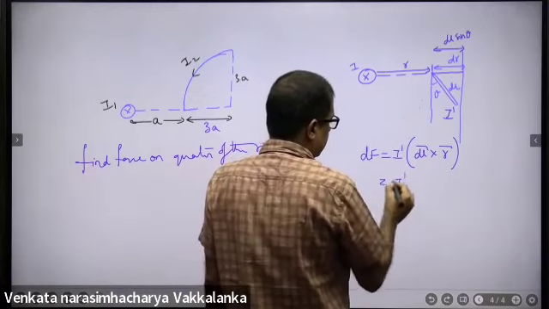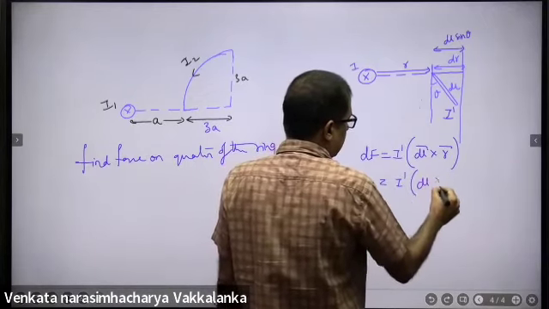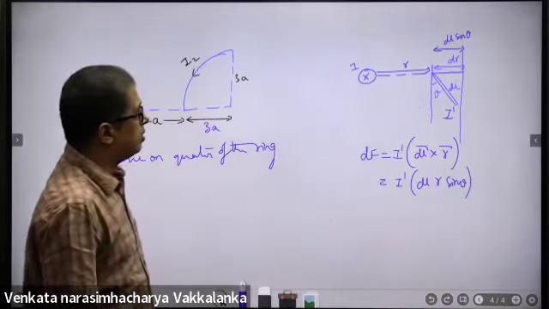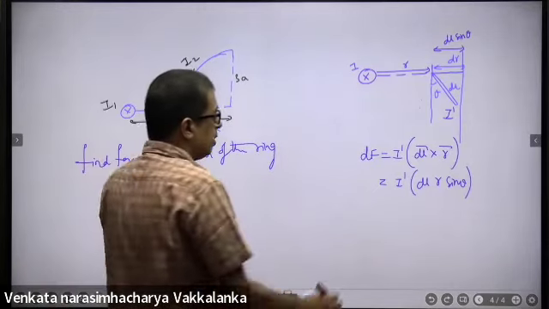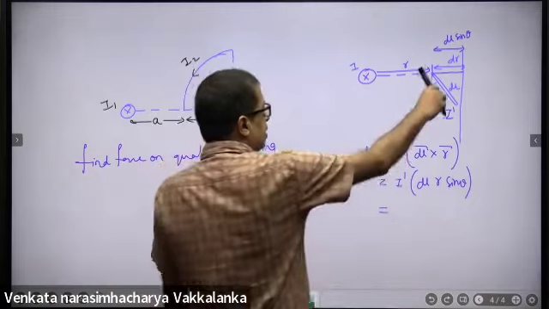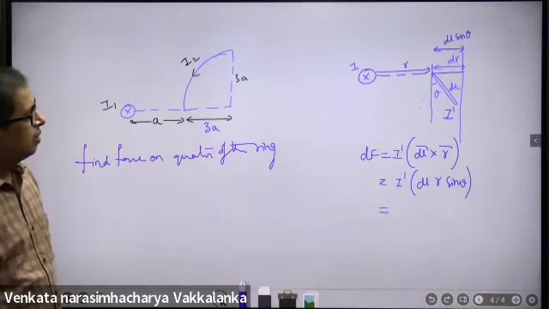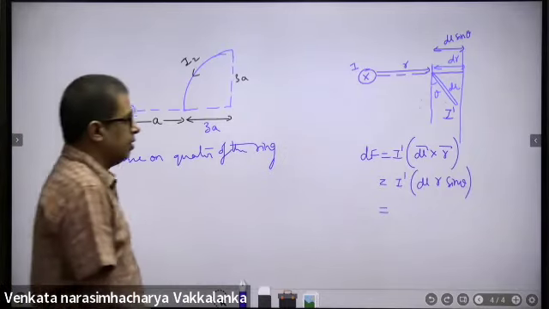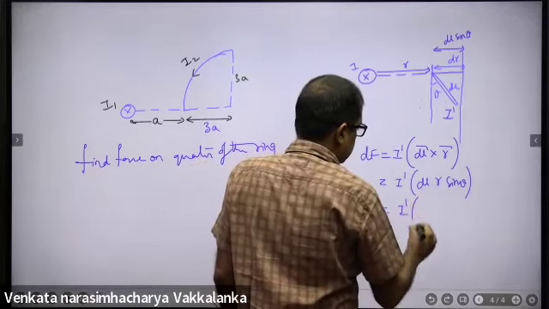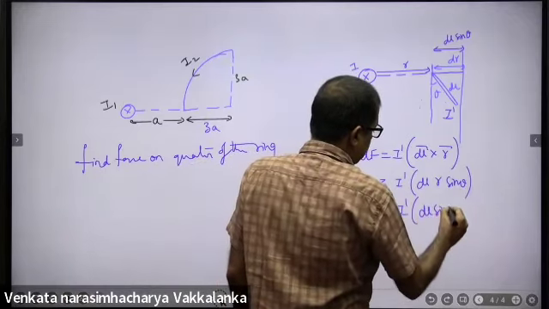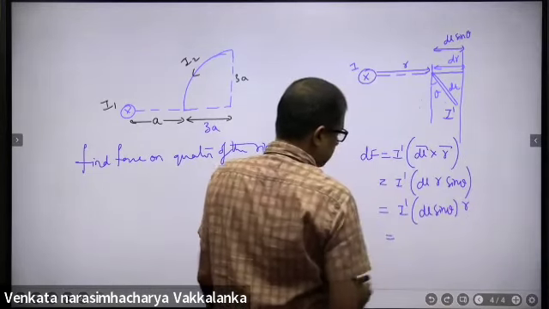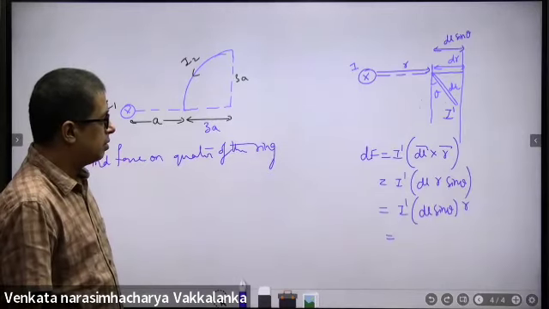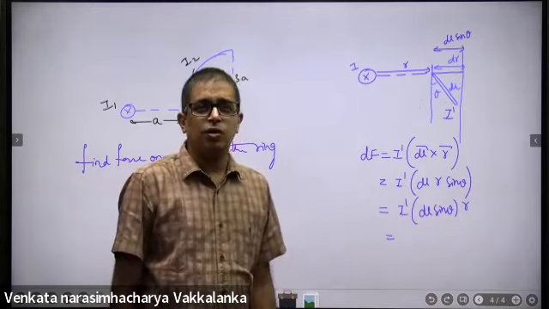I dash dl r sine theta, the angle between dl and r. dl is this way. Agree? I dash dl sine theta into r. I wrote the formula wrong. None of you observed.